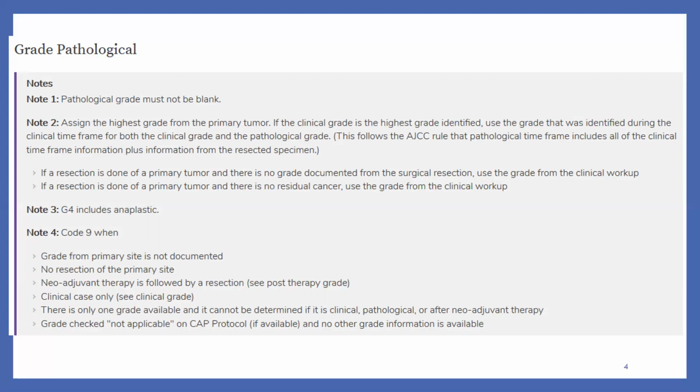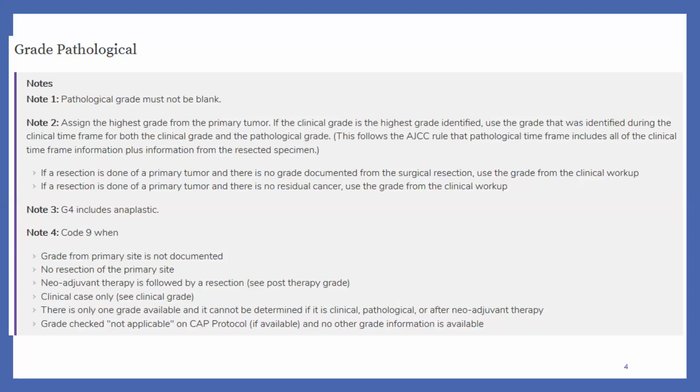Remember, you can only bring down the clinical grade to the path field if there's a resection done. If you look in note 4, it says you'd have to code 9 when there was no resection of the primary site. So even though you have a clinical grade, if there's no resection, you cannot put the clinical grade in the grade path section. You have to code that a 9.